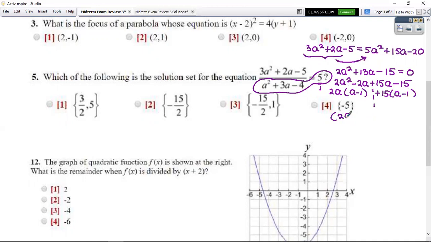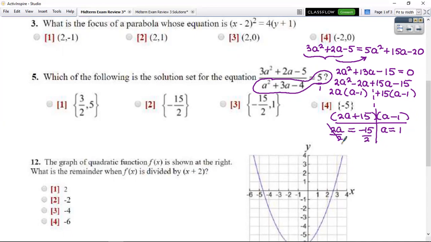Factors into 2a plus 15 and a minus 1. And then t-chart. One possible answer is going to be 1. And the other possible answer would be 2a equals negative 15. And divide by 2, divide by 2. So negative 15 over 2.